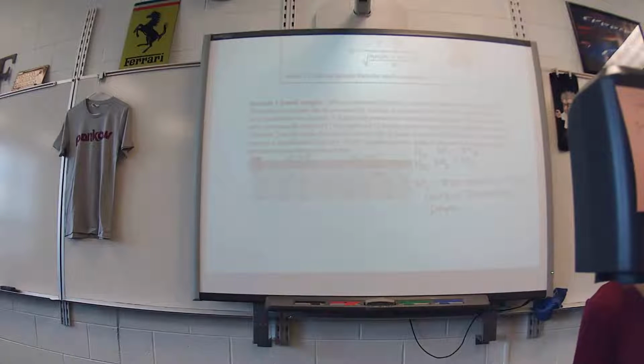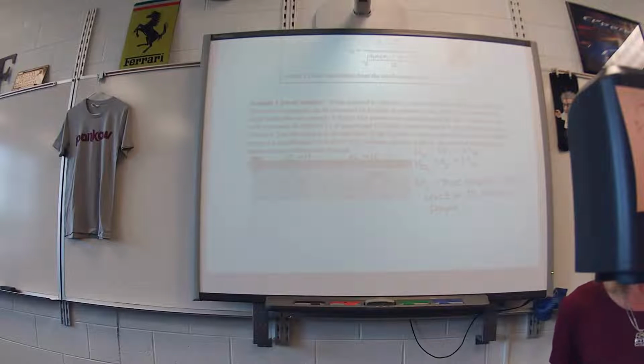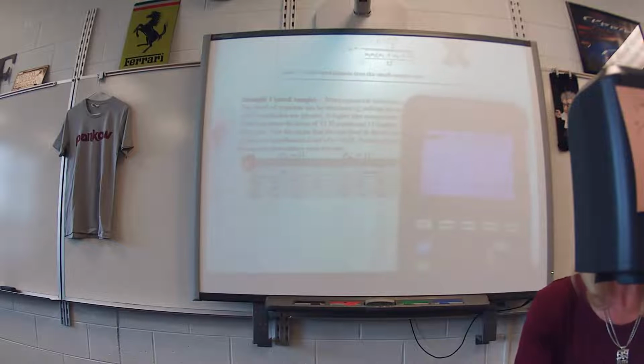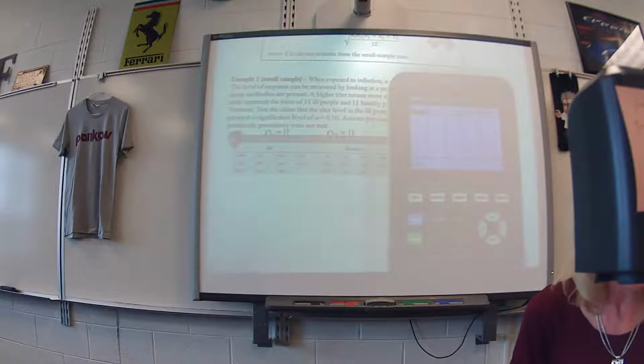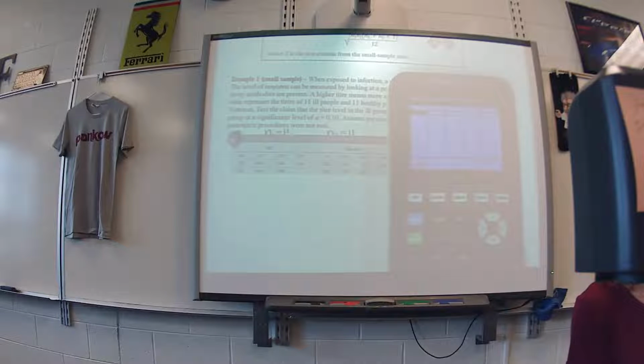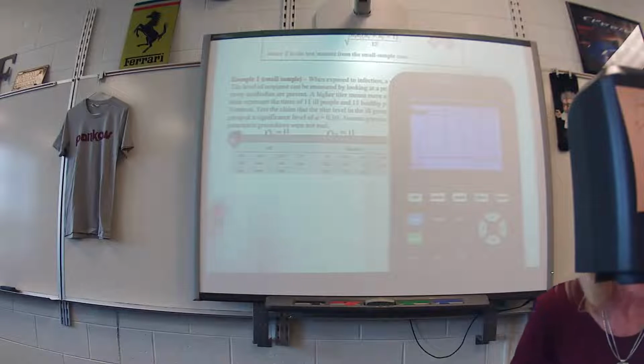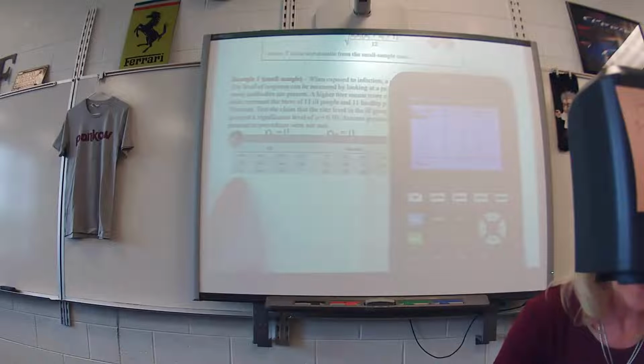All right, so how you rank things is going to be up to you. But one of the things that I showed my third hour yesterday, I don't think I did it with you guys, is one way to do this: I'm just going to enter all of these numbers together in one column. Because remember, the null hypothesis is that there's no difference. So I'm just going to lump them together. So I'm just going to put all these numbers in my calculator. Shouldn't take me too long.